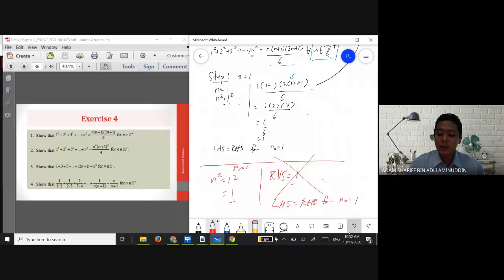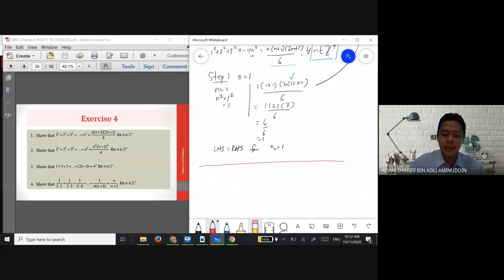Step 1, student jarang salah. Sebab senang. Step 3, ramai orang buat ngelak ni. Dia ramai skip yang ni for right hand side. Pun tak boleh skip. Dia kena tunjuk step by a valid substitution. Okay, we proceed to step 2.